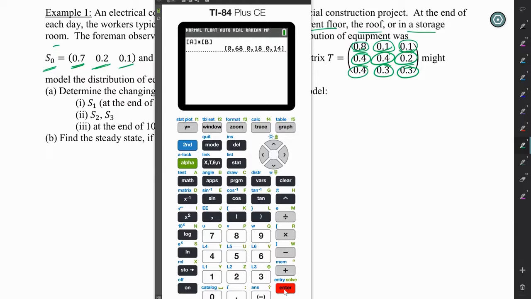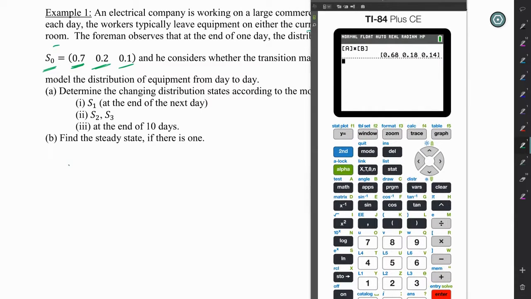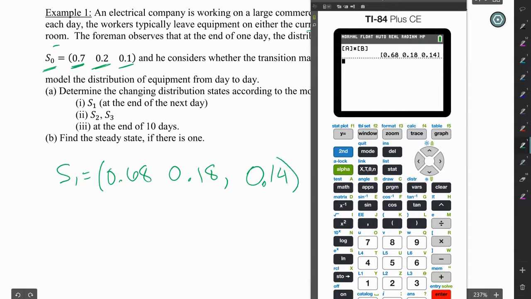When I multiply these together, now I find out that my S sub 1, so at the end of the first day, I now have 68% of the equipment is on the roof, 18, or no, I guess that was the floor. 68% of the equipment is on the floor, 18% is on the roof, and 14% has made it into the storage room.